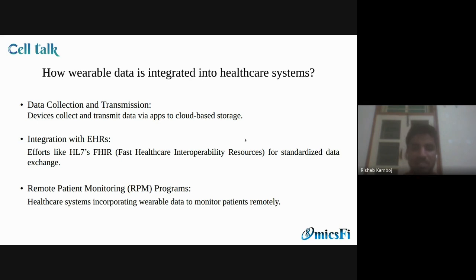It has gained much traction in recent years, because due to COVID-19, we have seen that hospitals are full and there is no bed for a patient. So what we can do is, when a person goes home or any other place, all that data from their wearable can be monitored by the doctor in the hospital, and if there is any emergency kind of situation, then we can admit that person to a hospital.